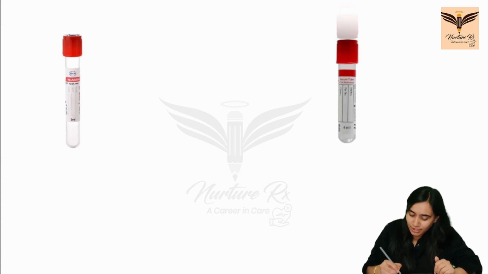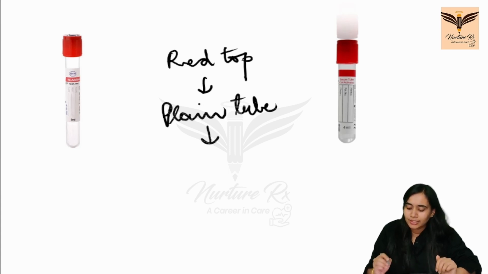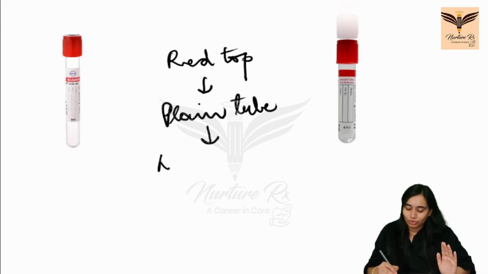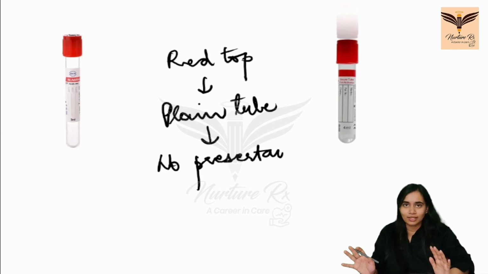So plain tubes. This is red top, also called plain tube. Why plain? Usually it does not have any preservative, no preservative present. Sometimes a clot activator may be present in some tubes.